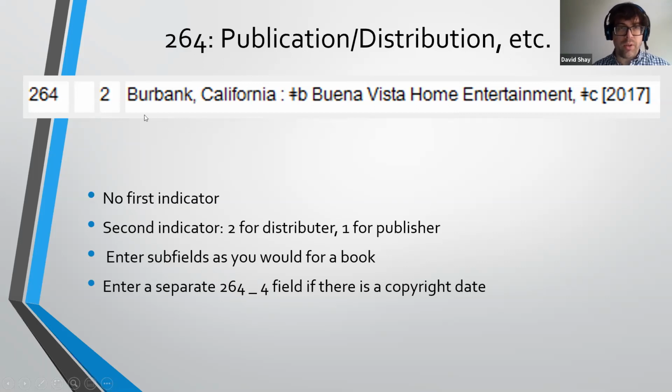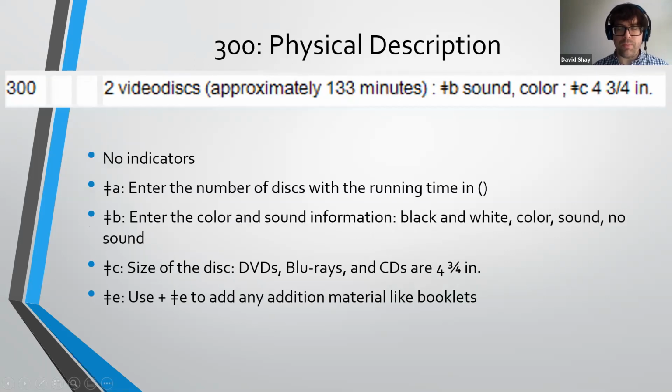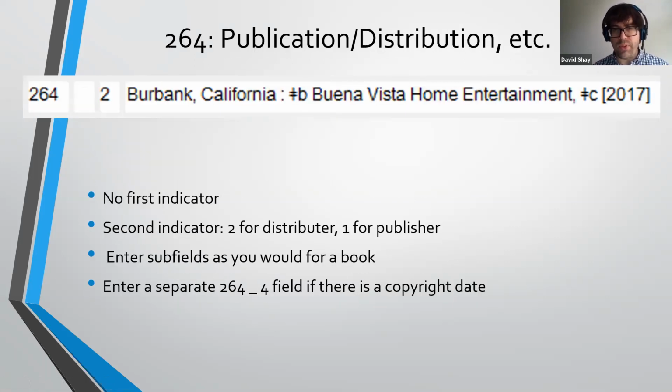You've got your subfield A with your location, your space colon space subfield B, distributor, comma, and then distribution date here in square brackets. If there's a separate copyright date, you should enter a 264 second indicator 4.